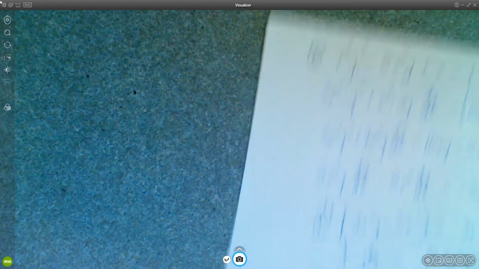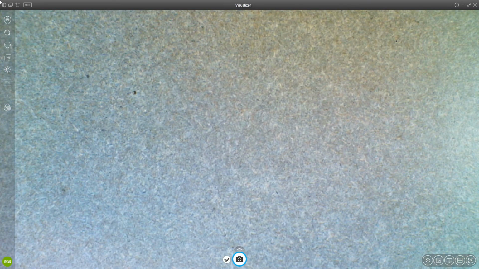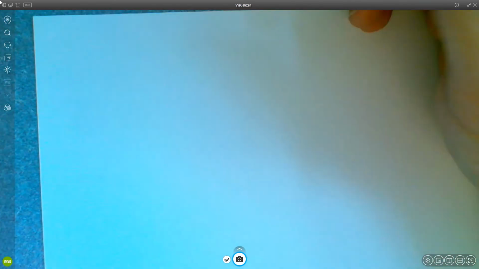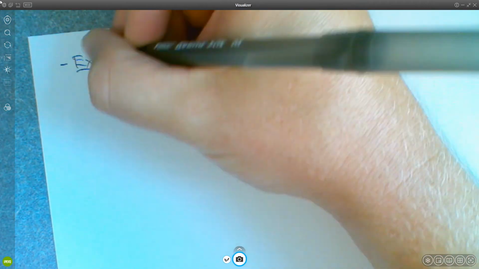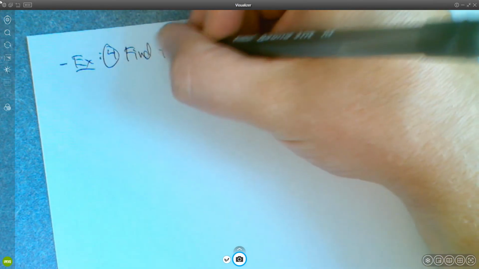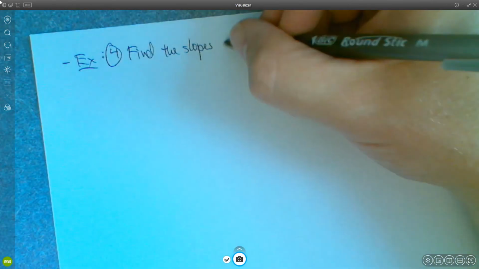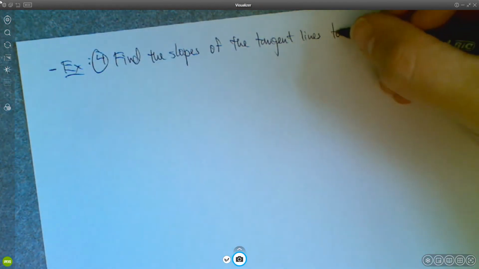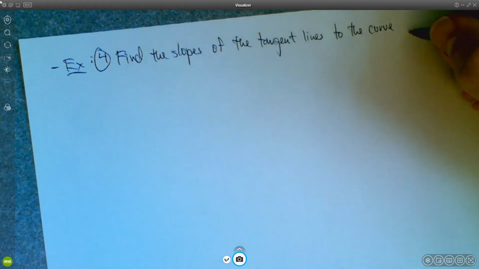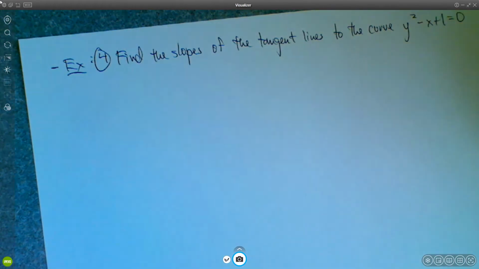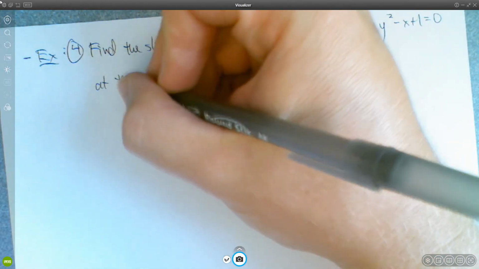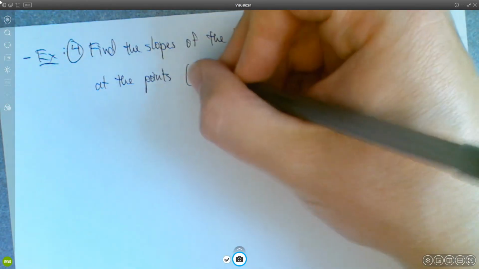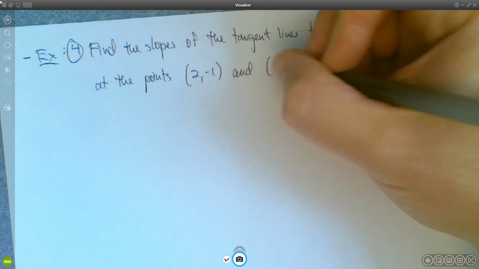Okay, let me give you a couple more examples. Okay, so let's find the slopes of the tangent lines to the curve y squared minus x plus 1 equals 0 at the points y equals negative 1 and y equals positive 1.